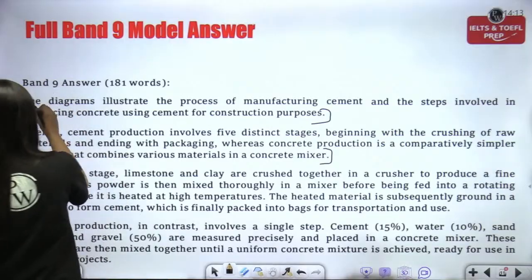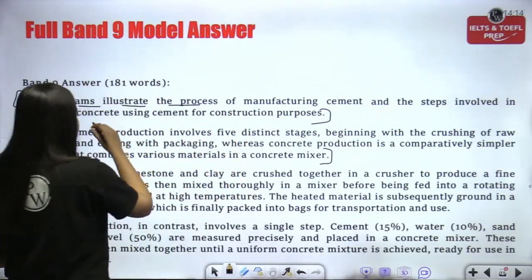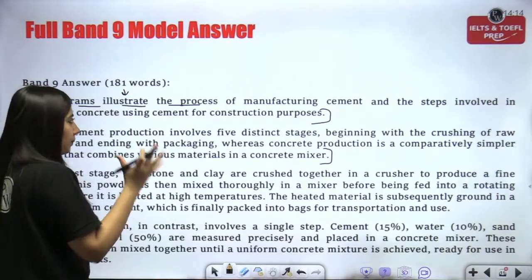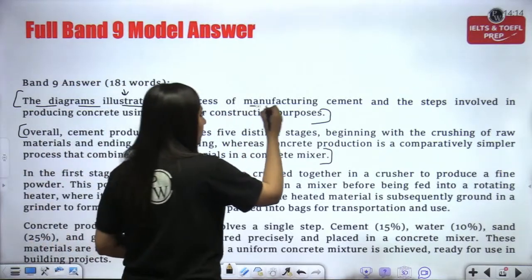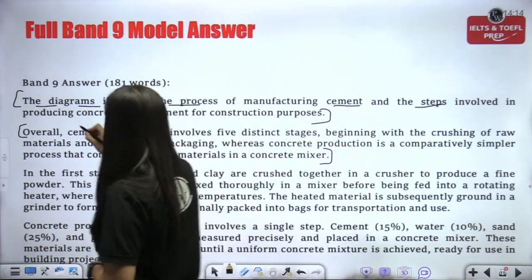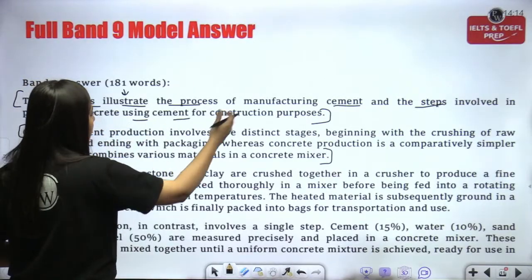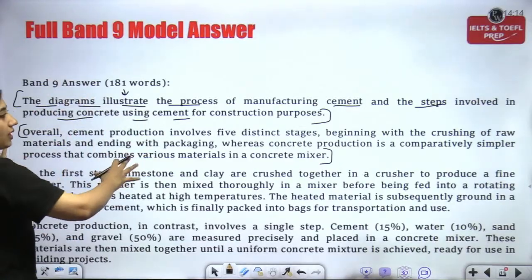So the diagrams illustrate the process of, now here instead of 'shows' we are using 'illustrate'. That's how you use different words in the intro para. So the diagrams illustrate the process of manufacturing cement and the steps involved in producing concrete, using cement for construction purposes. Now this is nothing new, just the paraphrasing of your question.